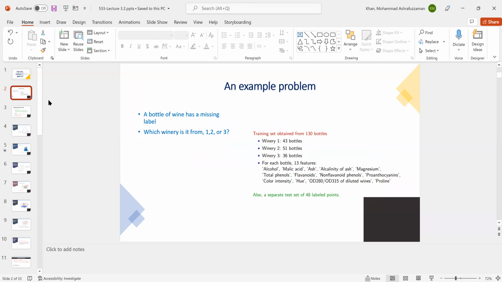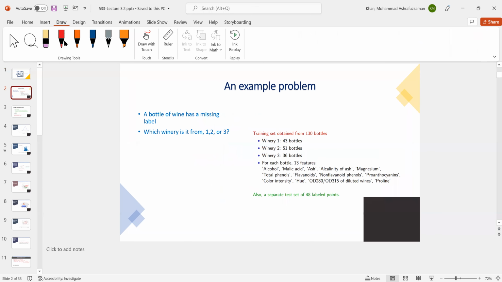So we started with this example here. In the example, we'll be given a bottle of wine with a missing label, and here the label could be either 1, 2, or 3, and these 3 are IDs for 3 different wineries.